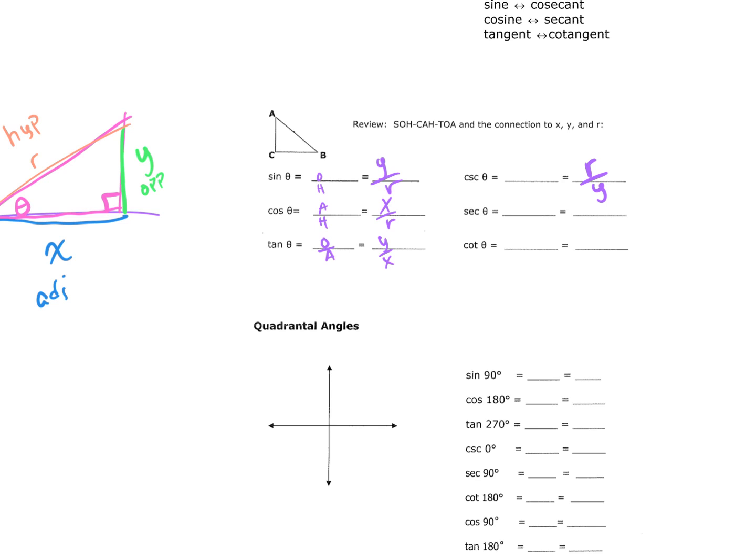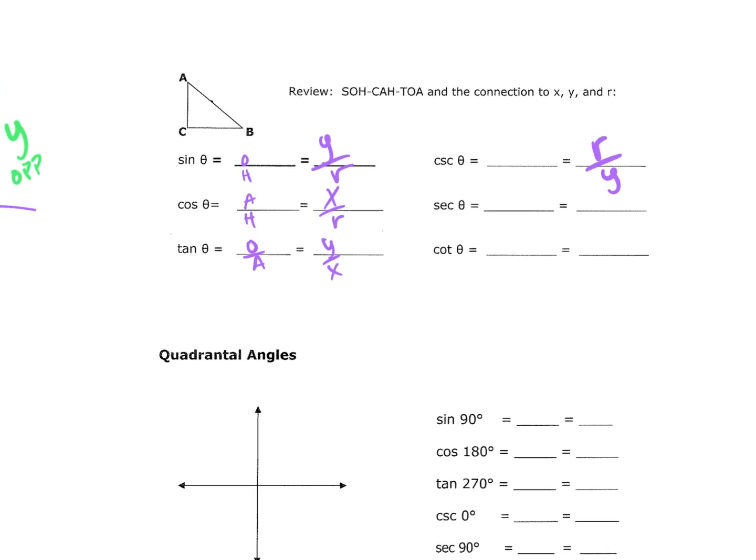For my secant, I'm thinking the reciprocal, I'm going to flip what I know my cosine is. So that is the r over x. And for cotangent, I'm going to flip what I know my tangent is because it's a reciprocal. Okay? So you don't need to memorize those per se, but you do need to get those reciprocals memorized so that you know what you're going to flip, if that makes sense.